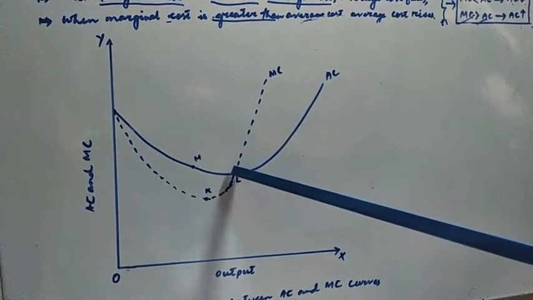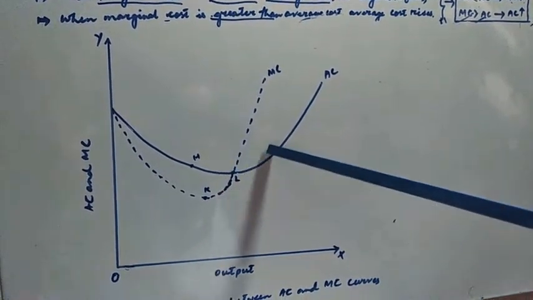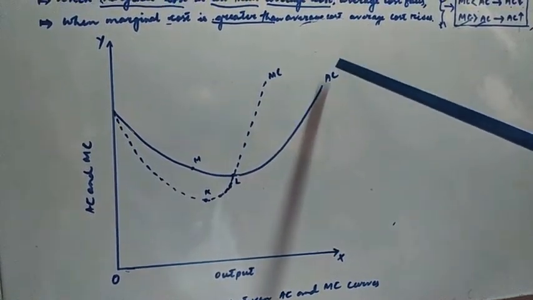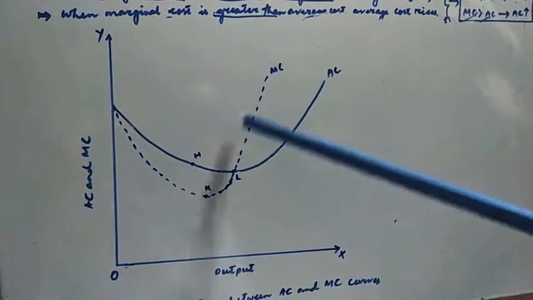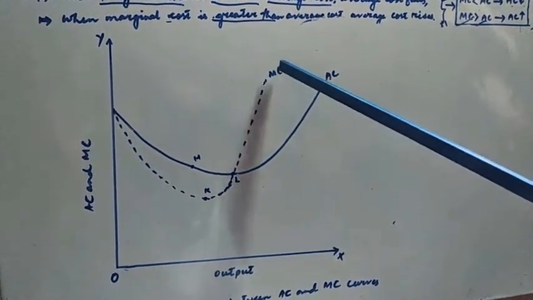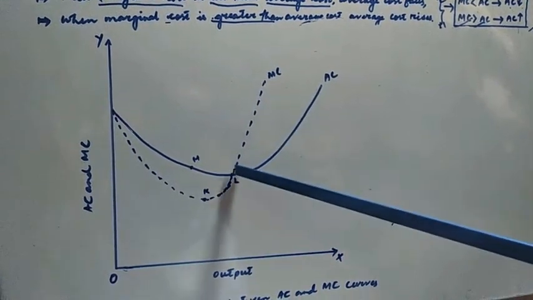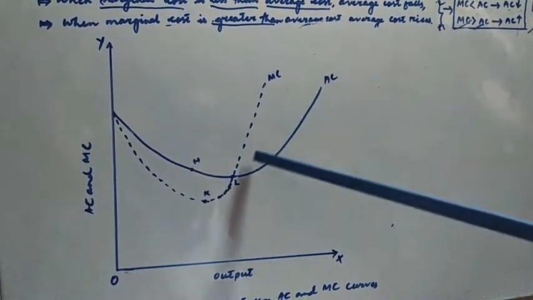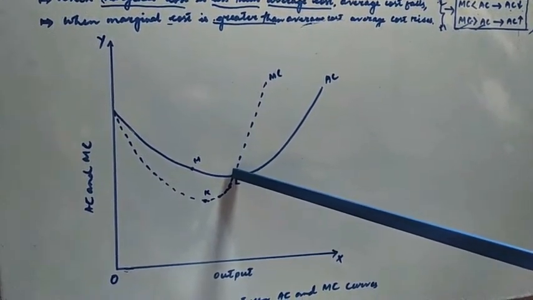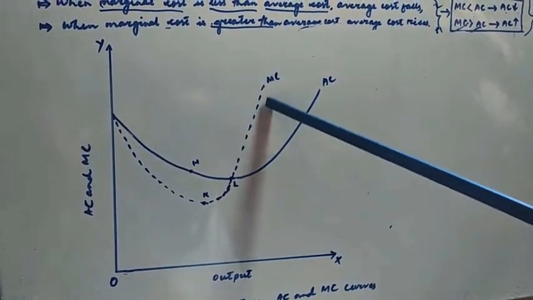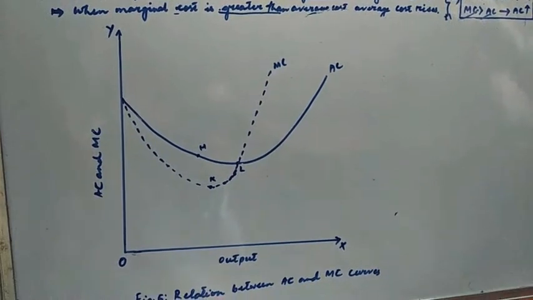When MC is above the average cost curve, this average cost curve begins to rise. As you can see from point L, it has begun to rise because this MC is lying above the average cost curve.